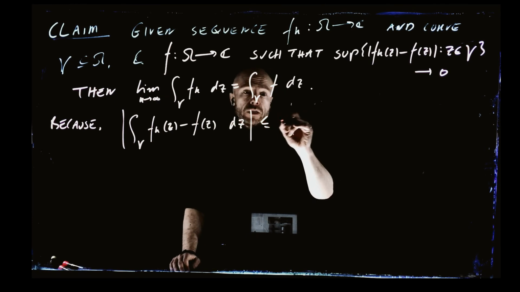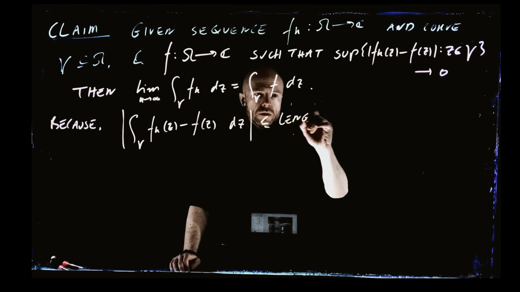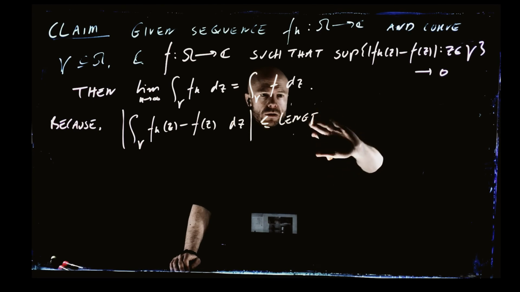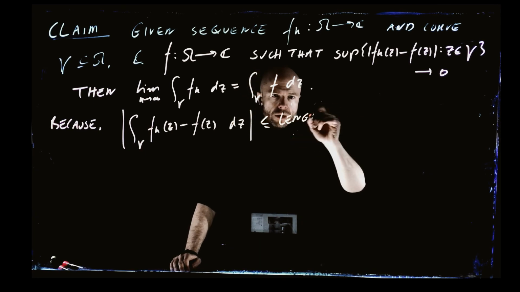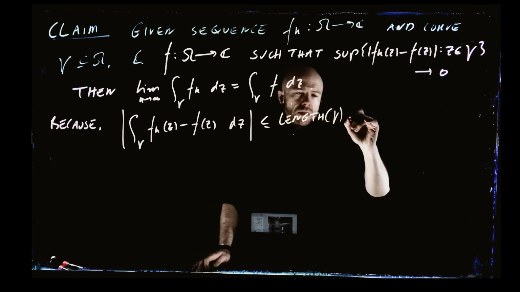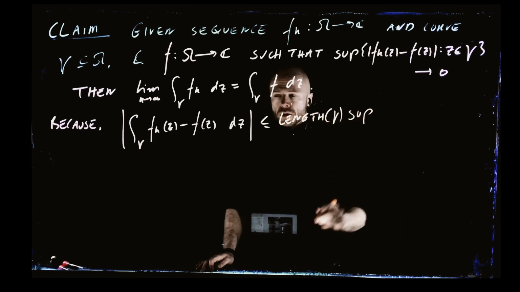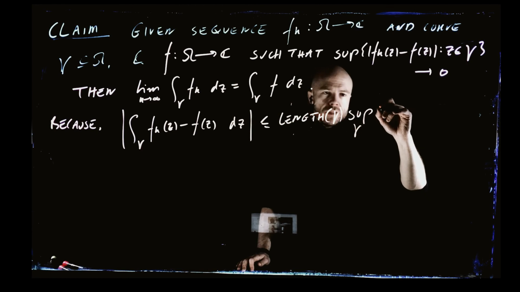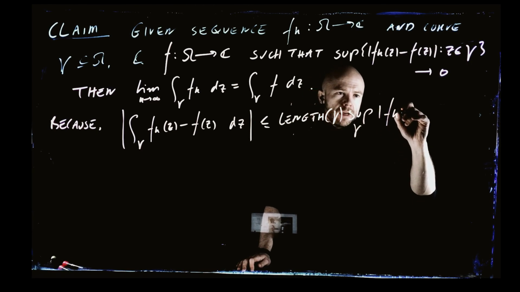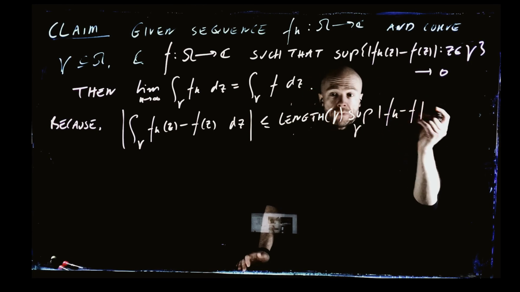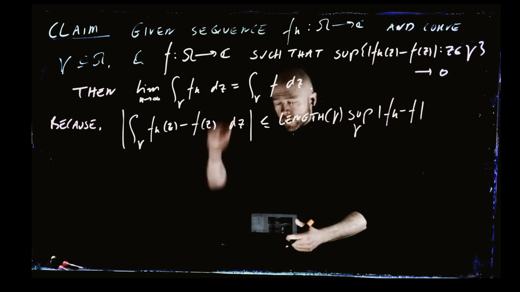So this is less than or equal to the length of the curve gamma times the supremum over gamma of this thing we have inside, fk minus f. All right, if you look back, that's exactly the statement.